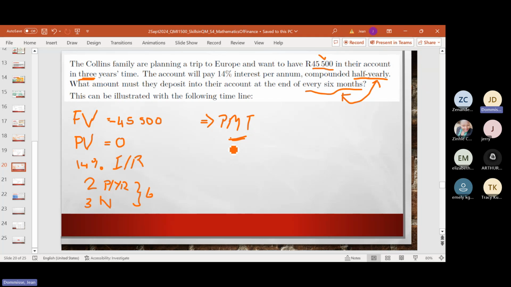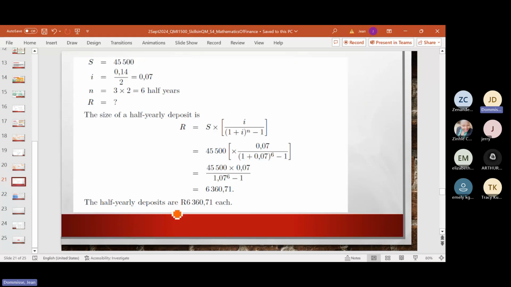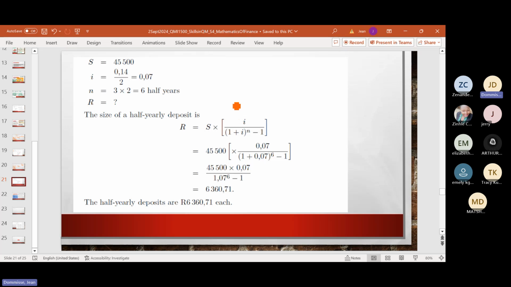And then you can work out the PMT. When you run that on your financial calculator, you would get 6360.71.